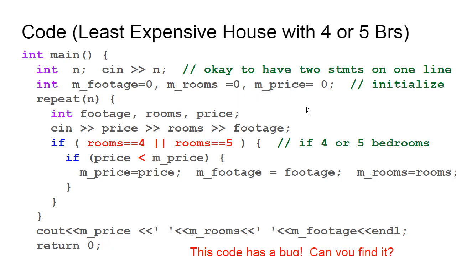When we try to find the max, using 0 works in this case because all the house prices are positive. So 0 is less than all the prices we're going to see. But when we are trying to find the min, using 0 does not work because we are trying to find a value that's less than this. So we need to set m price to be a large value, larger than any possible price.